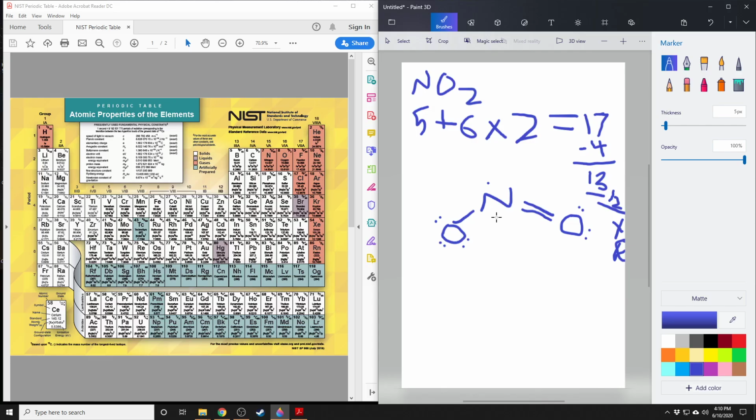You will have noticed, though, that we could have done it the opposite way, where instead of taking the lone pair off of the right side, we could have taken it off of the left side instead, like so. And that would have given us this, where we have a double bond on the left instead of the right.